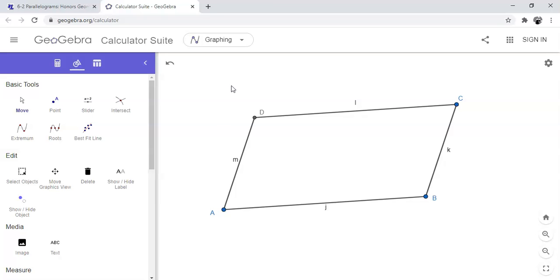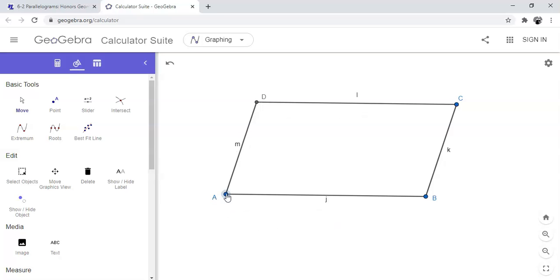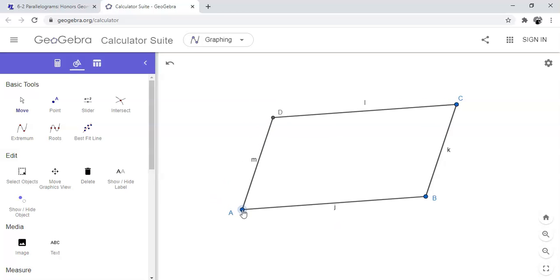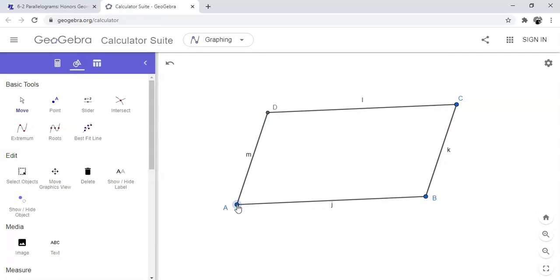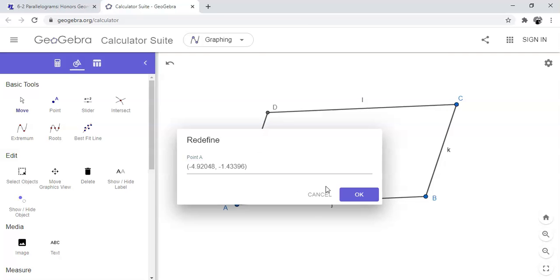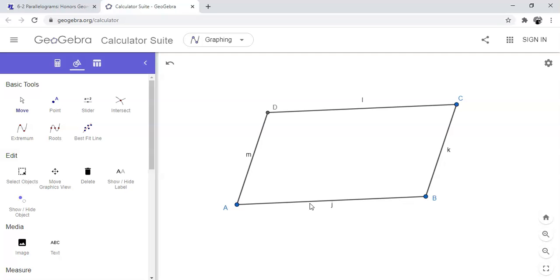Now, there are certain things that are true about parallelograms, and what you should do with yours that you have drawn is try to investigate this parallelogram and see what things you think might be true. So what is true about a parallelogram that you can see yourself?